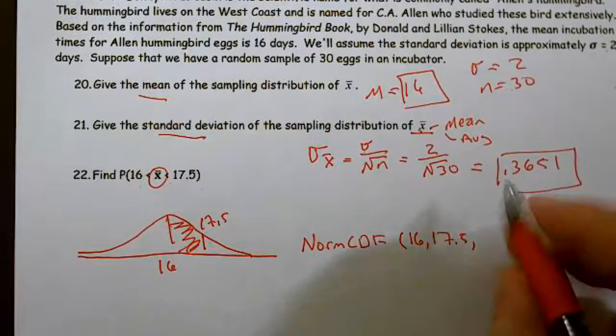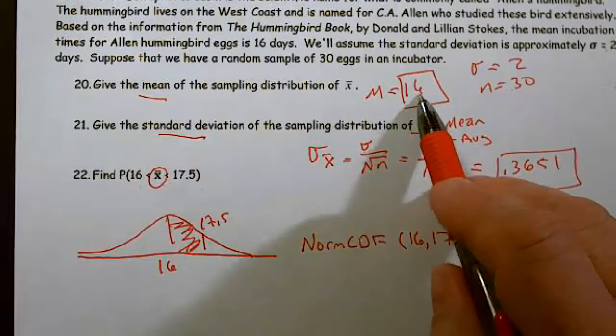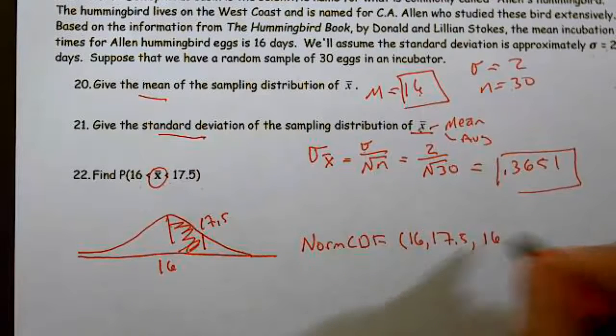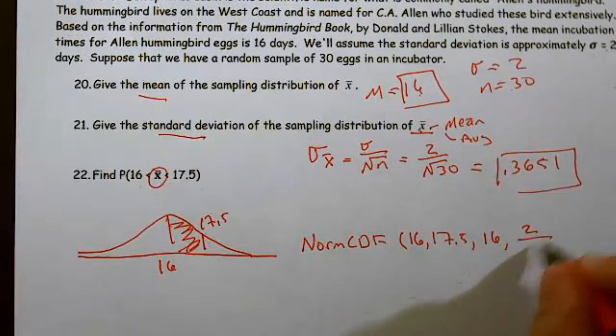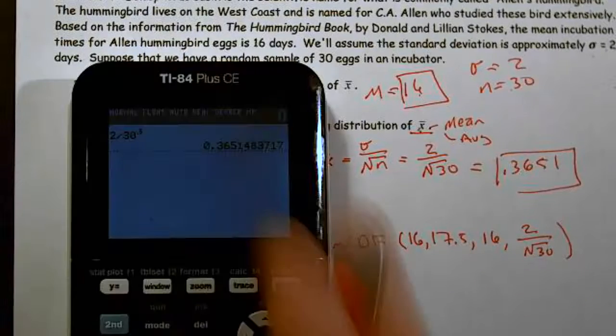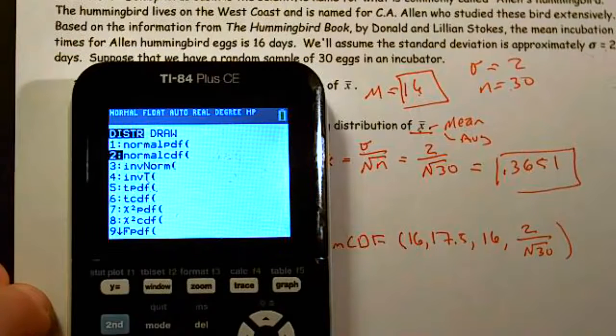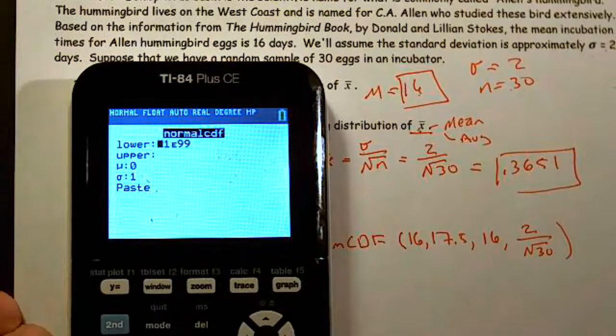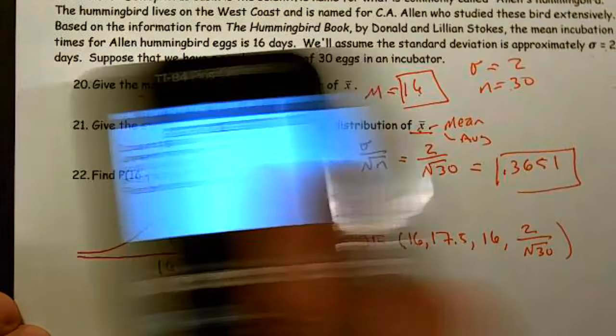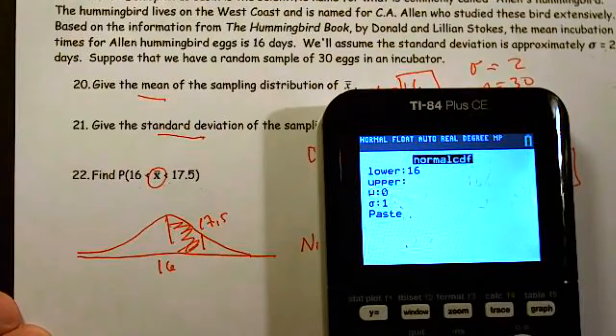My mean itself is 16. And my standard deviation is 2 divided by the square root of 30. All right. So I'm going to do this 2 different ways. Second vars, norm CDF, lower bound 16, based on our shading, upper bound 17.5.